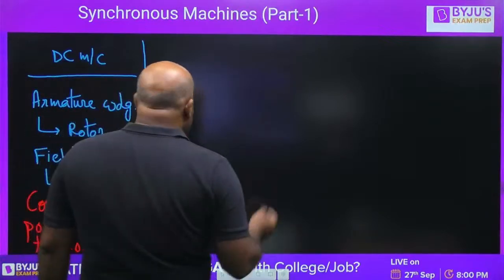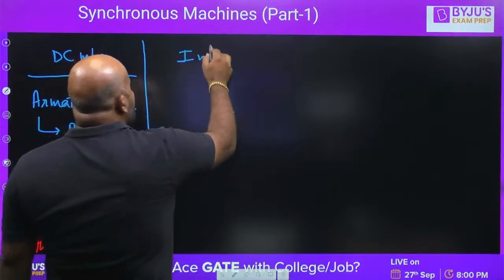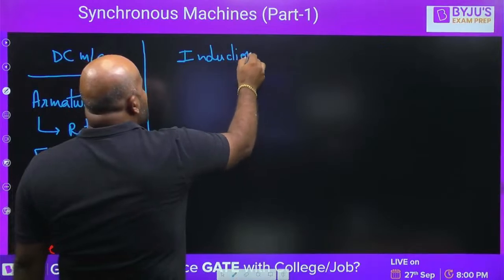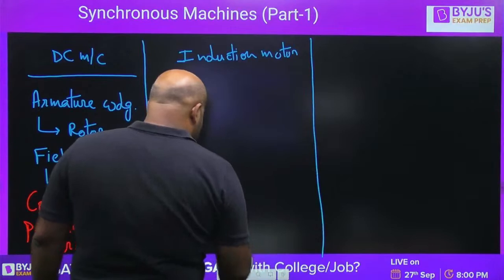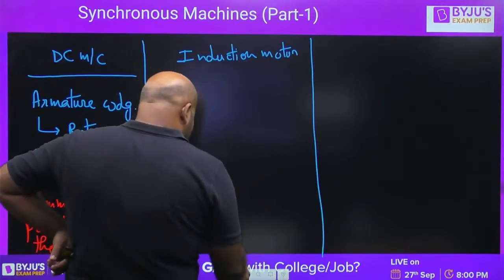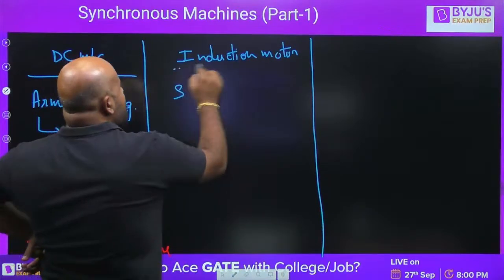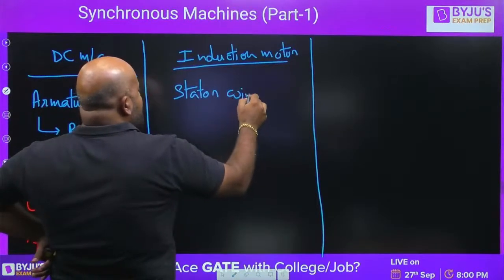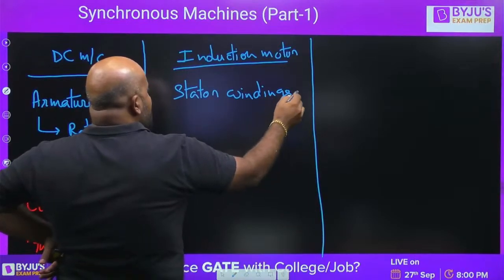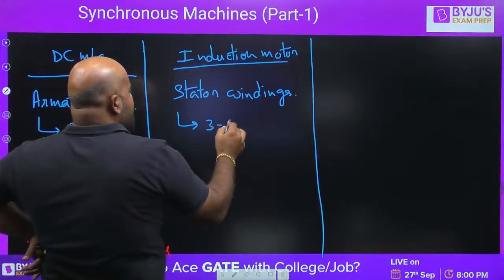If you talk about the induction motor, the stator windings are connected with the three-phase supply.